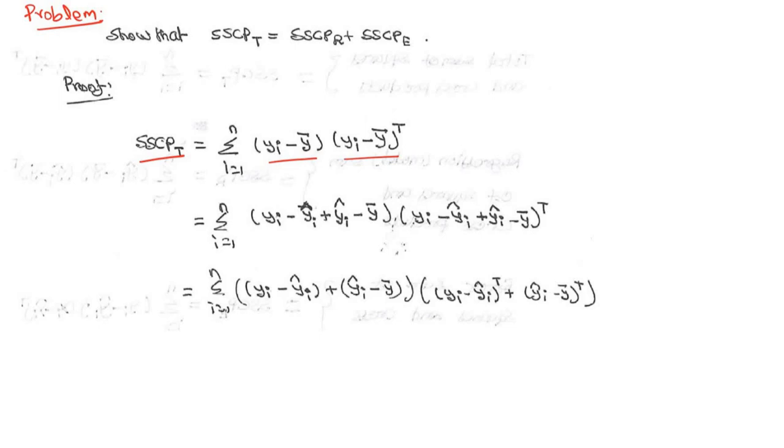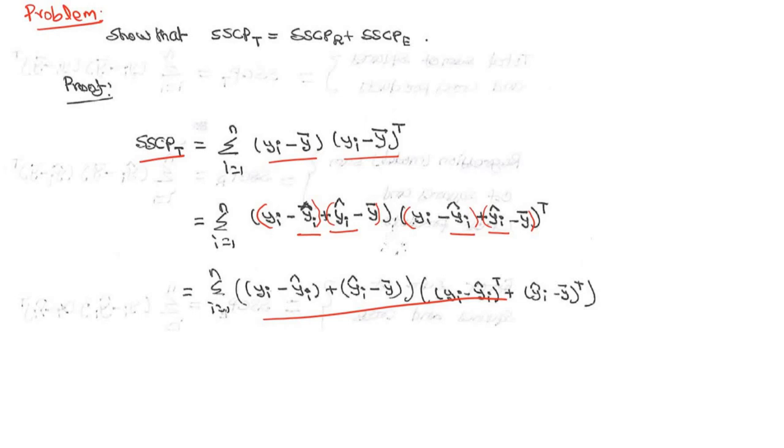Now I am introducing one term in the first bracket and second bracket: I am adding and subtracting yi cap in both. In the next step, I am grouping the first two terms in one bracket and the second two terms in another bracket, and doing the same in the second factor. So then we get this equation.